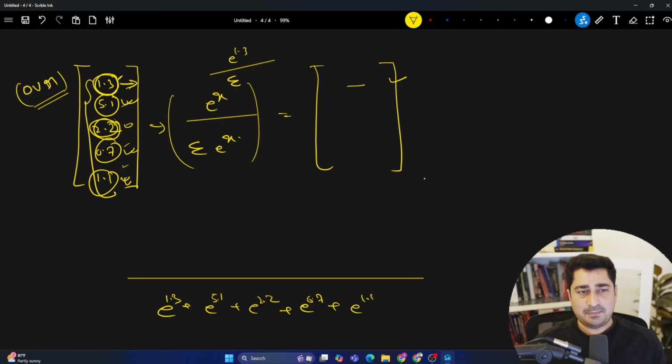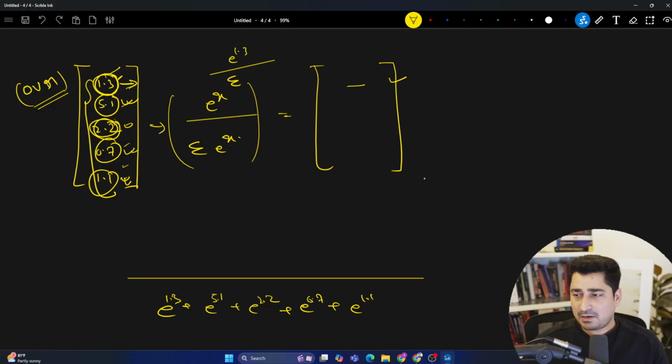Only the numerator keeps changing: e to the power 1.3, then 5.1, then 2.2, and so on. Give me the probability quickly. Do the math, open up your calculator.